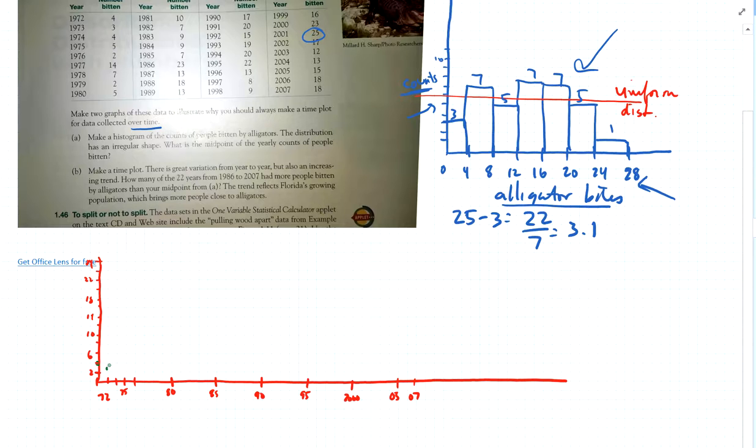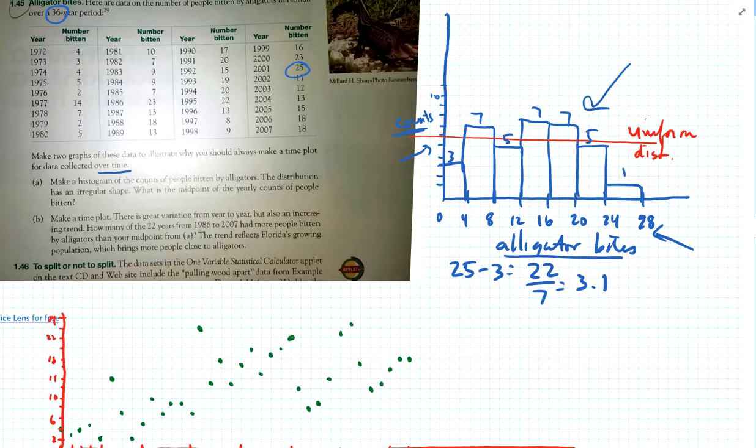So I'll tell you what, I'm going to pause it. I'm going to draw the graph because you don't need to watch me plot all the points, then I'll come right back. Okay, there we go. There's the time plot, and yes, the trend reflects Florida's growing population. Kind of going upwards for sure.